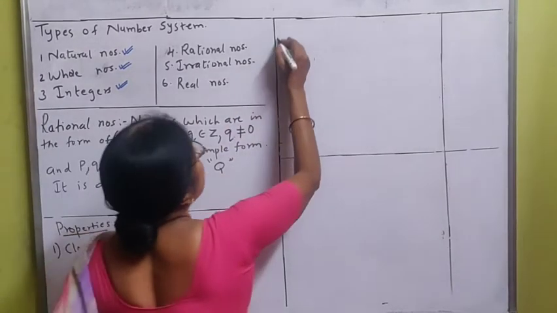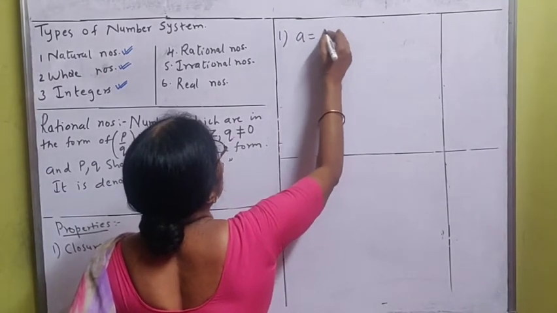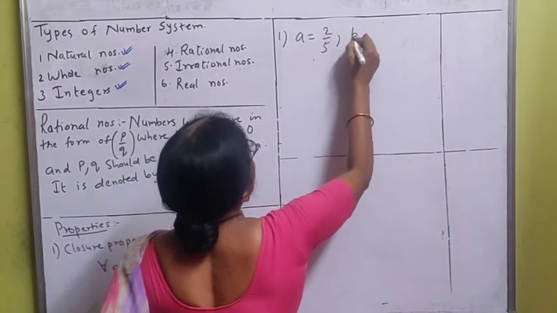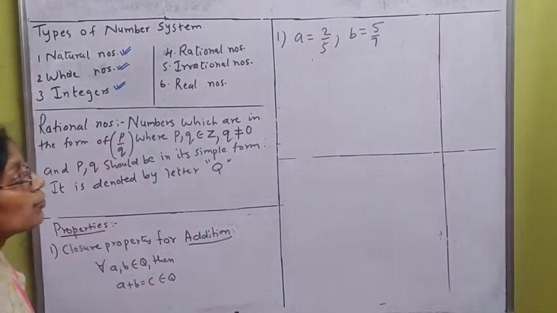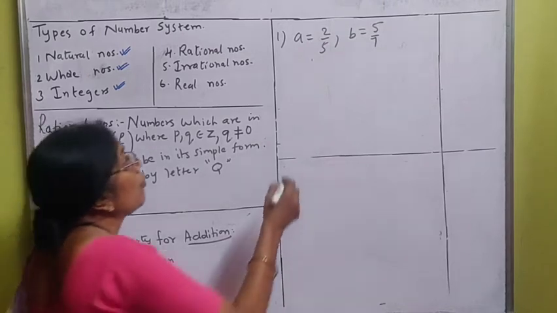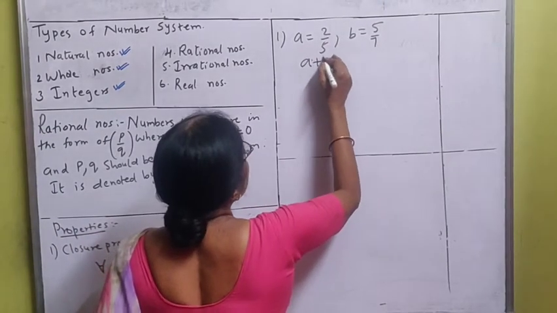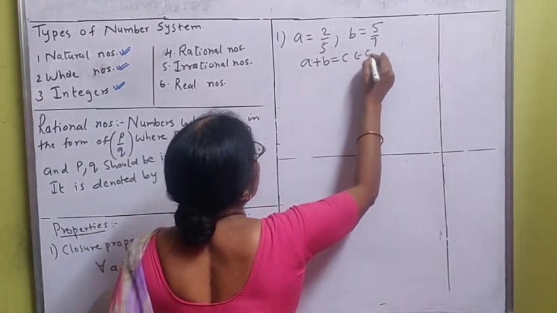First example, a is equal to 2 by 5, b is equal to 5 by 7. What I have to prove? a plus b should be equal to c, which should belong to Q.